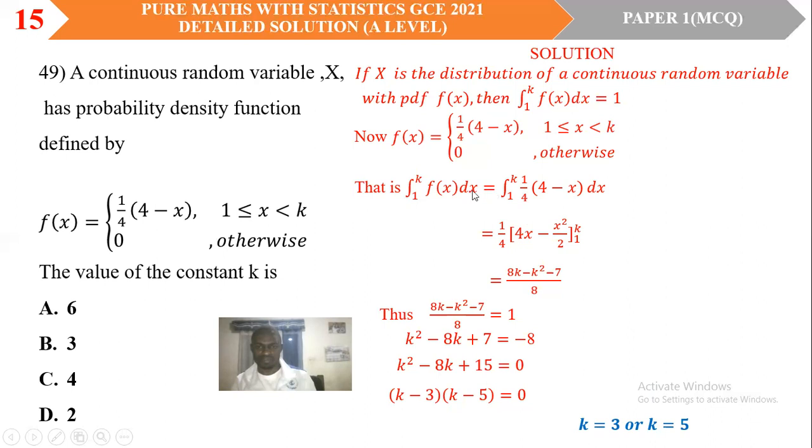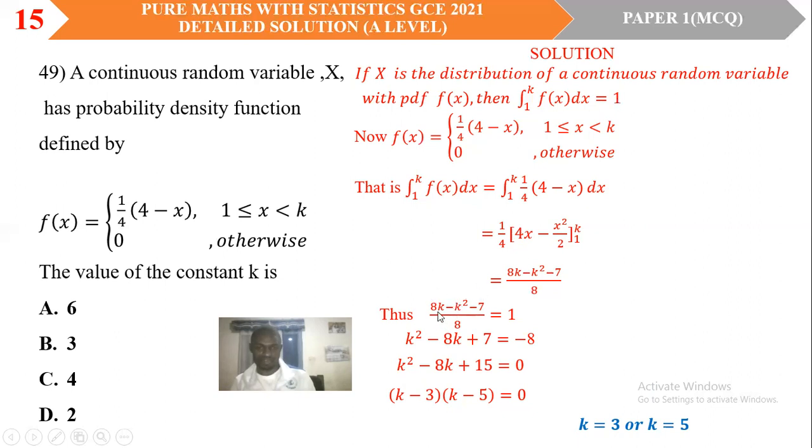Now, to integrate this, we factor out 1 over 4, and integrating 4 gives 4x, integrating x gives x squared over 2, limits from 1 to k. Substituting the limits and simplifying, we have 8k minus k squared minus 7 all over 8. Thus, we were told that this integral must be equal to 1.